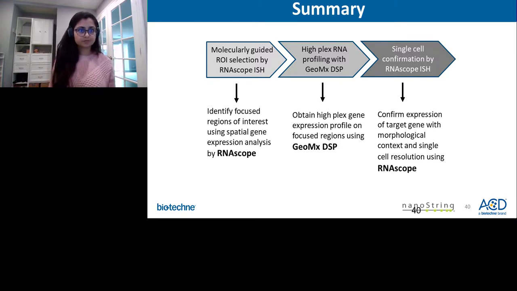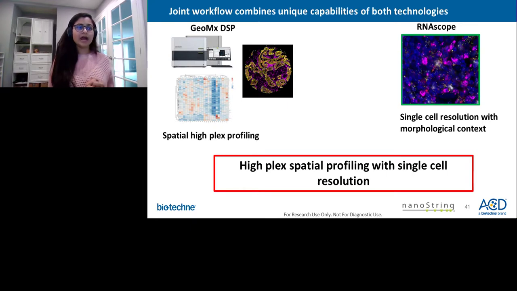So with these 2 technologies, we really wanted to combine the unique capabilities of the GeoMx DSP in providing high-plex profiling of target genes, and then use RNAscope to provide that single cell resolution with morphological context.